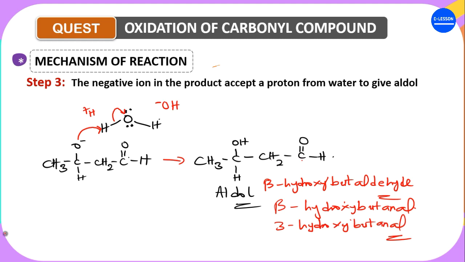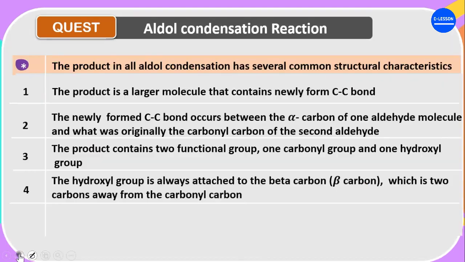Okay, that is all for the aldol condensation reaction. Now let us look at some of the properties of the aldol condensation reaction. The products in aldol condensation reactions have several common characteristics. The product is a larger molecule that contains a newly formed carbon to carbon bond.